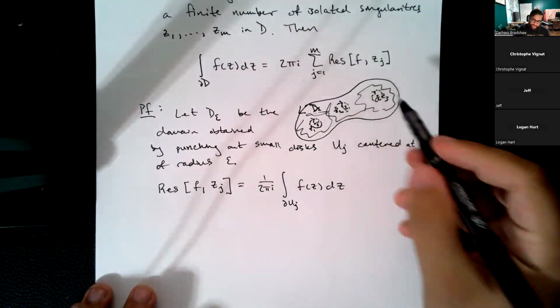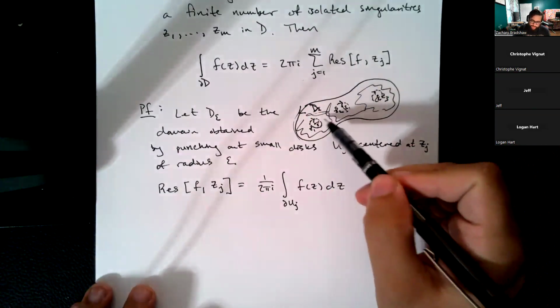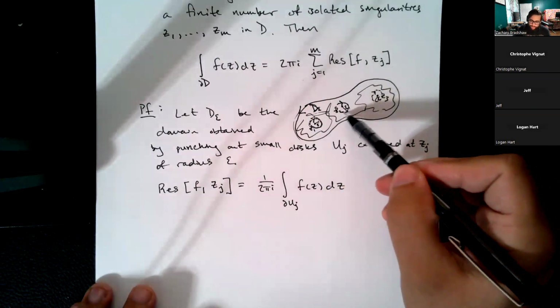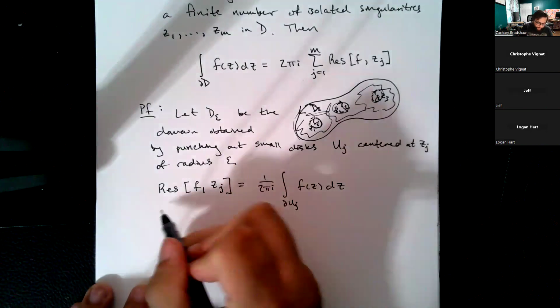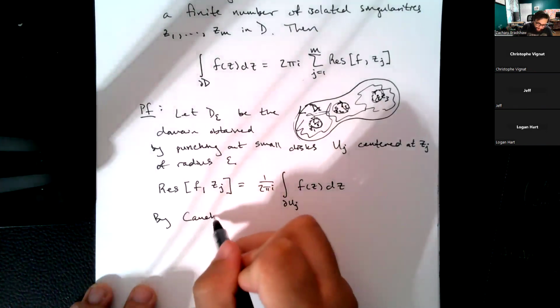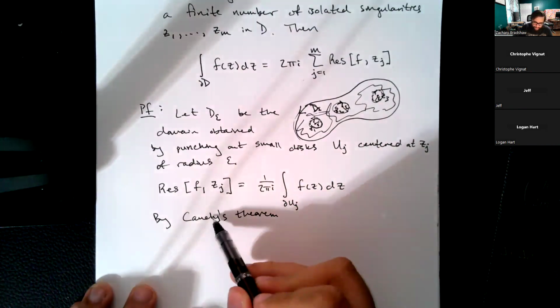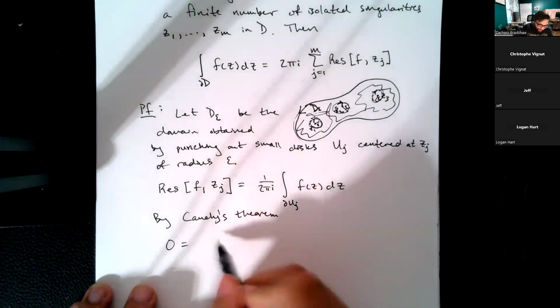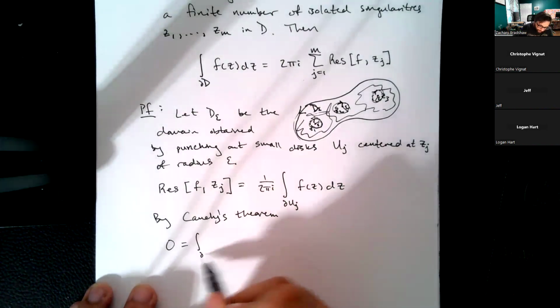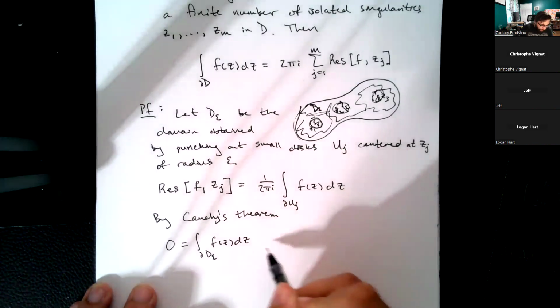So Cauchy's theorem tells us that the integral along the boundary of D epsilon, which is the boundary of D, union the boundary of U1, union the boundary of U2, union the boundary of U3, and so on, is equal to 0.